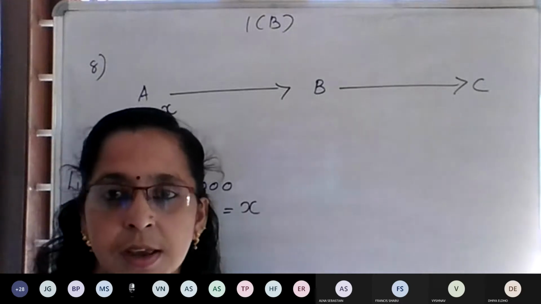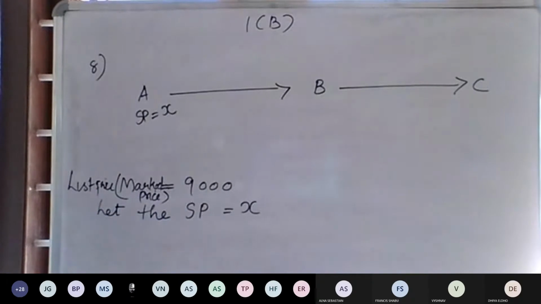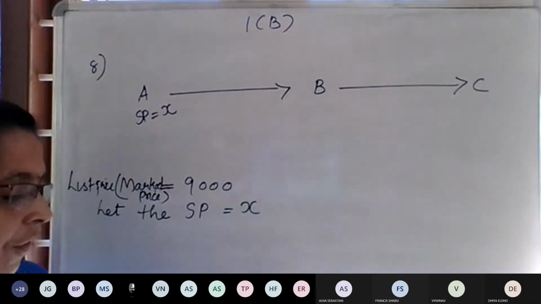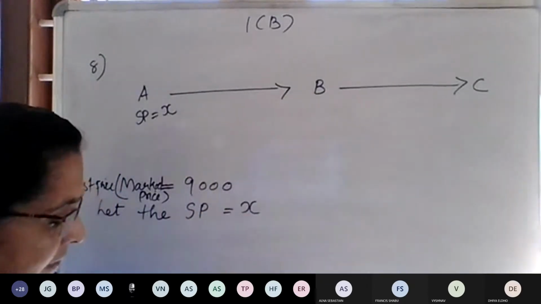Did the doubt get cleared? Okay. So SP is equal to X. We don't know, let SP be equal to X. For a dealer A, the list price of an article is 9,000, which he sells to dealer B at some lower price.